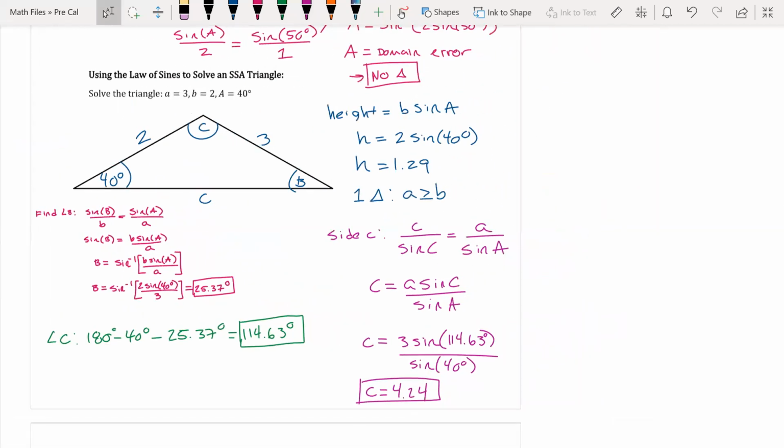All right. Any questions on that process? So when you're using sine inverse to find the angle, do you still need to remain within, like, for sine, negative pi over 2 to pi over 2? Here, what would it be?